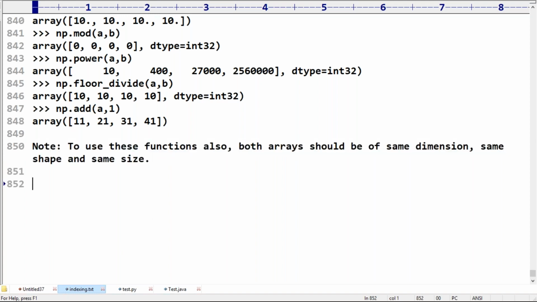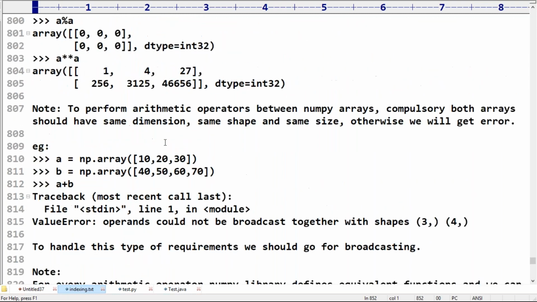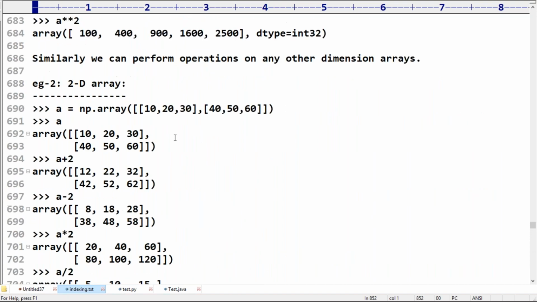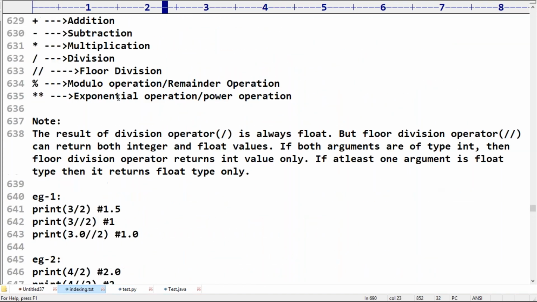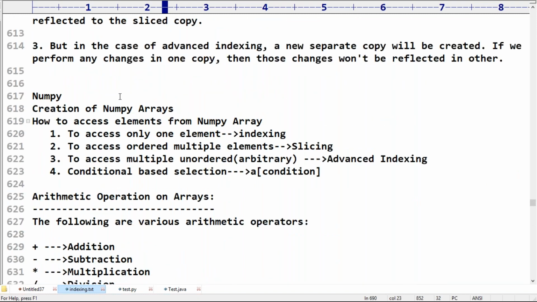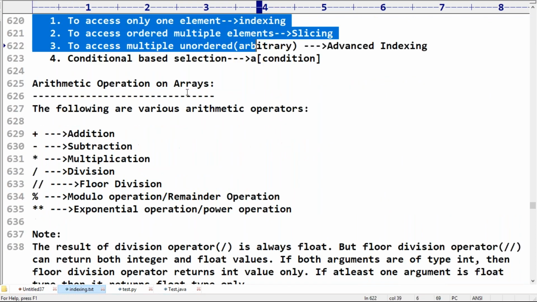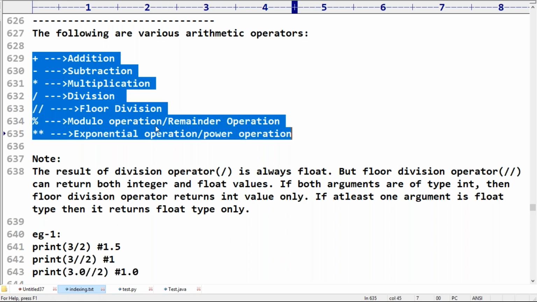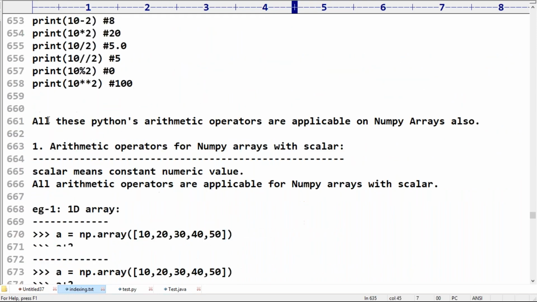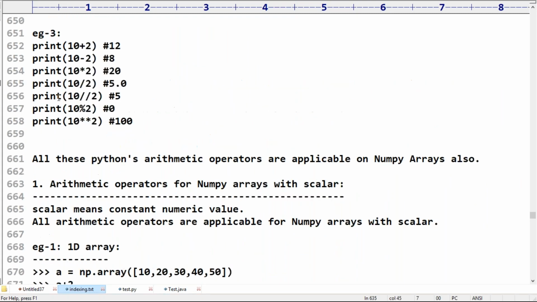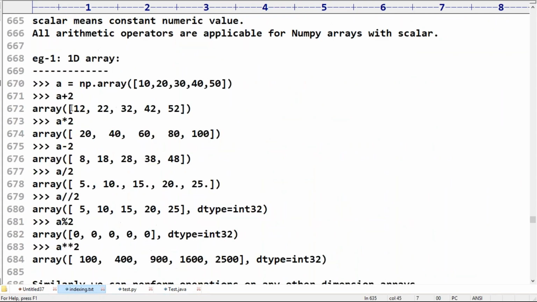Okay, let me talk about broadcasting so that you people can fill any gap that is there. That's it. Clear, right? So what we performed up to this: we can perform arithmetic operations. What are the various arithmetic operators in Python, what is the behavior, and next in NumPy arrays, how we can do that, you people should be aware.